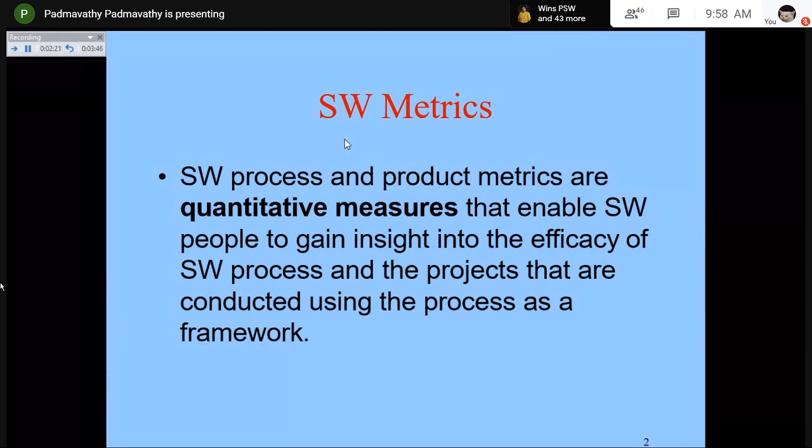Product metrics is the one which is used to assess the software as such, the product which is going to be given. And project is the entire phase of developing the product. When it is adopting a particular software model, then what is the quality of that?